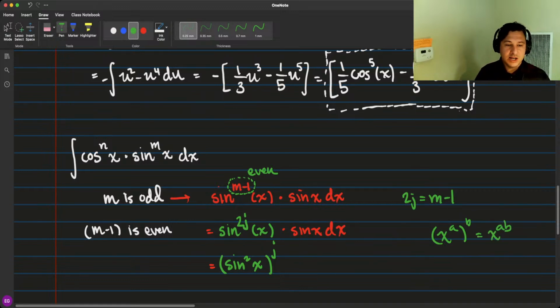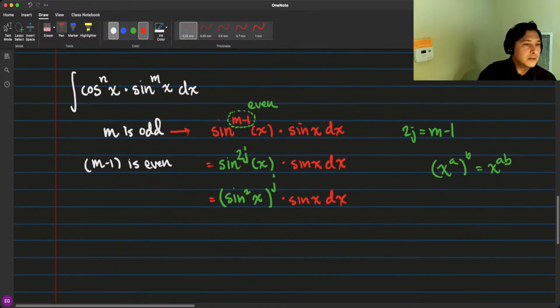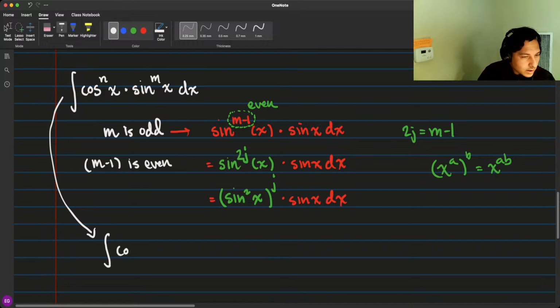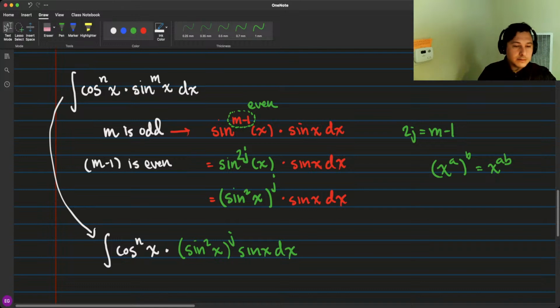So it's sine to the power of 2 times j, multiplied by sine x dx. Which means our original integral can be rewritten as cosine to the n x times sine squared x to the j times sine x dx.